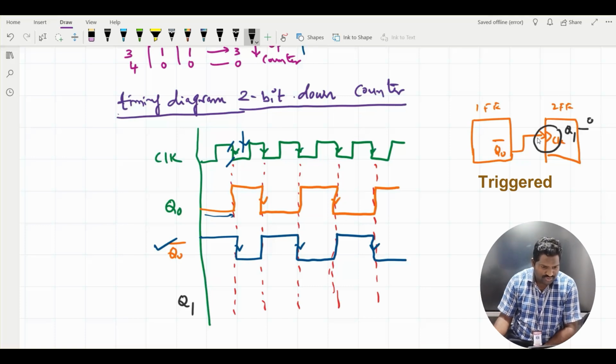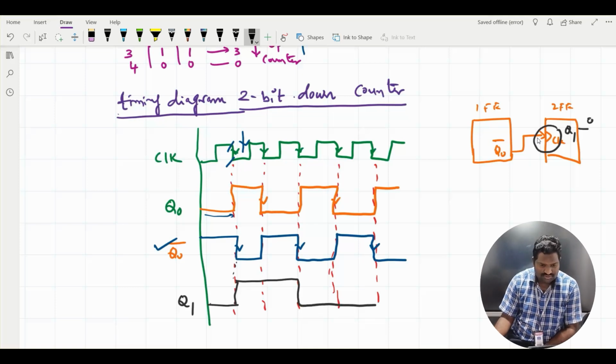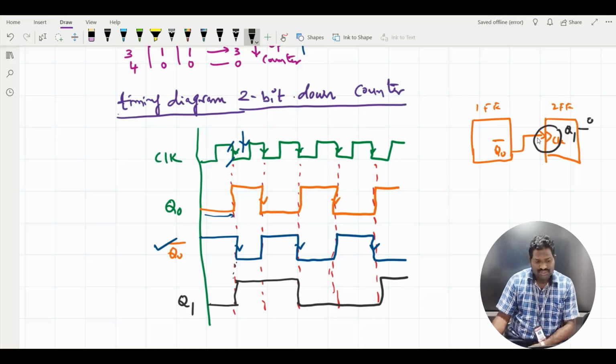That means up to this point it will be 0. Why? Because we are triggering the clock pulse of the second flip-flop at this point. So up to this point it will be 0, then it will become 1. It will continue up to the next triggering pulse. Now it is 0. So this is the output of the second flip-flop.